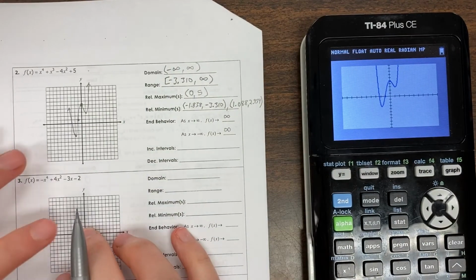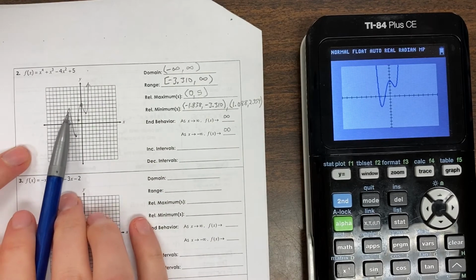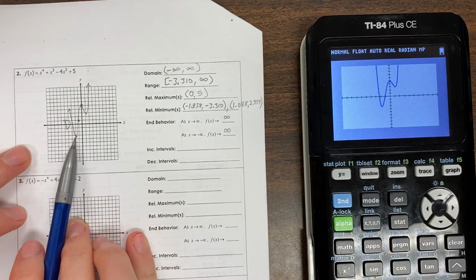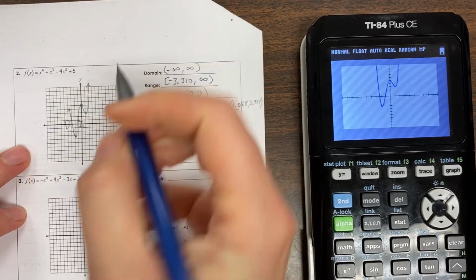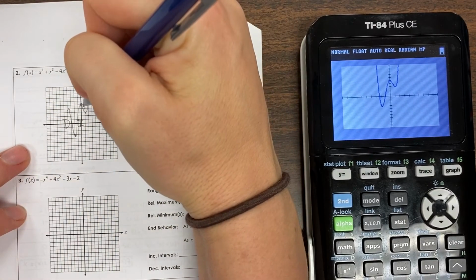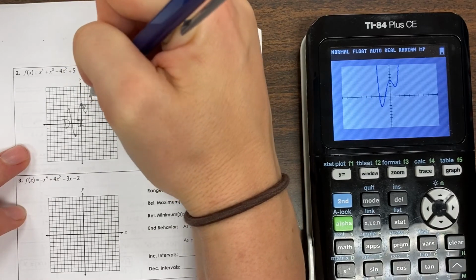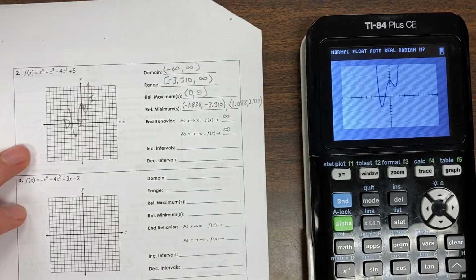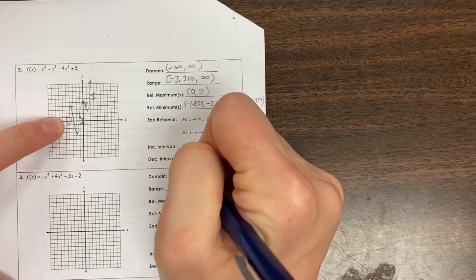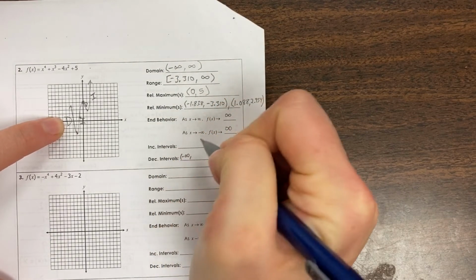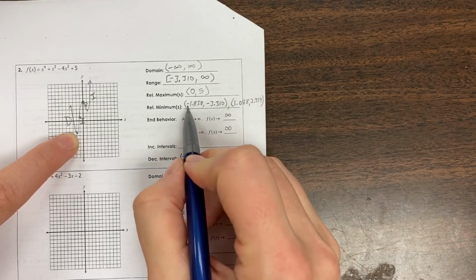Okay, so on this interval, we are decreasing because we start here, we're going down, and then we go up. So this is increasing. And then we go down on that little bitty interval right there, and then we increase again on the end. So we're going to decrease from negative infinity to the x-coordinate of this vertex, which was at negative 1.838.